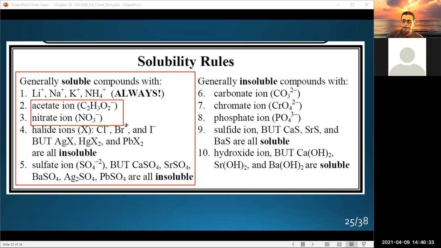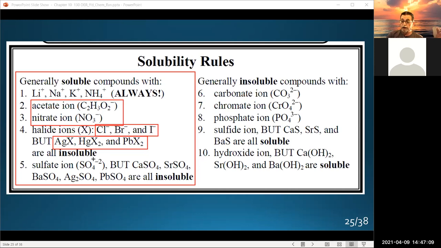So silver nitrate, copper nitrate, cobalt nitrate, acetate, all soluble. Now the halides, specifically the chloride, the bromide, and the iodide, are 100% soluble, regardless of what the cation is. However, there are three exceptions to the rule: silver, mercury, and lead. Those are the three heavy metals. If they're bonded to any of those halides, it is insoluble. You get a precipitate.